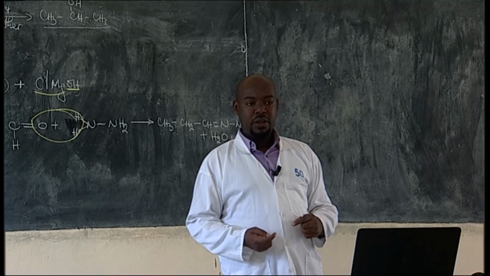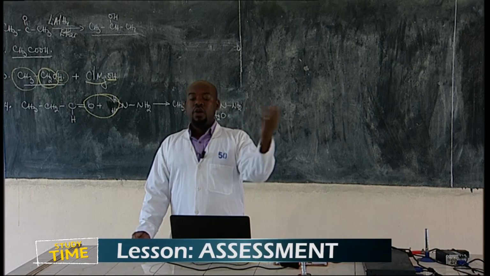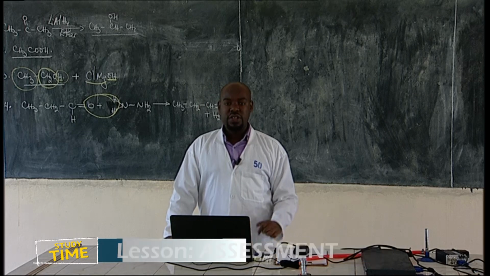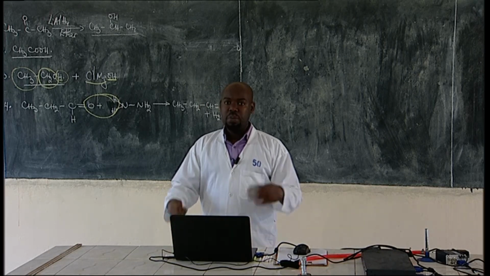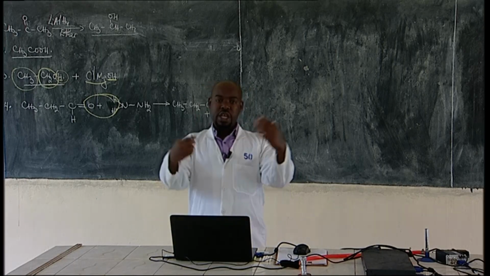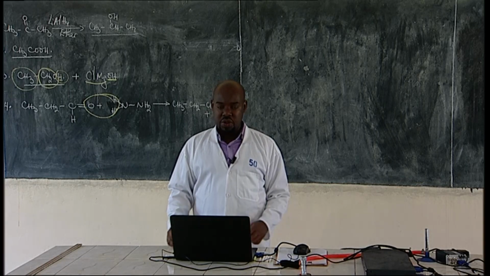Okay? So that is one of the types of exercises we can have in this organic chemistry, the unit of carbonyl compounds, completing equations. It's something very simple. You just have to read and do more exercises. You will get used to that.